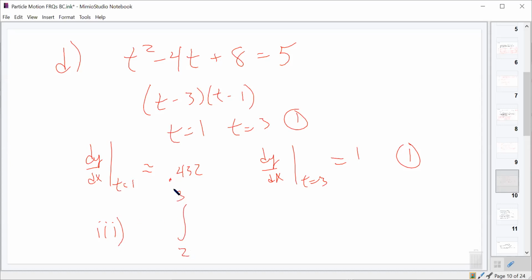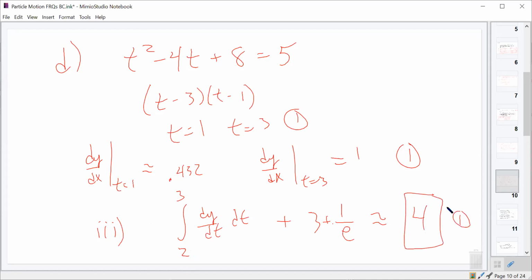Sure, 2 to 3, that's fine. We'll integrate from 2 to 3 of our dy/dt function. 3 plus 1 over e was the initial condition. So integral 2 to 3 of dy/dt plus 3 plus 1 over e. And that came out to be what? 4. Yeah, that's what it says, 4. And that was worth a point.